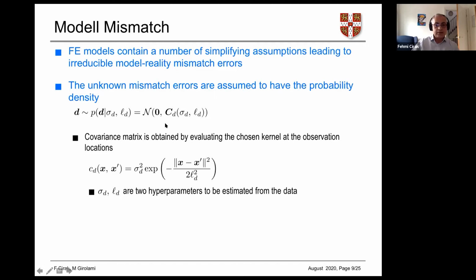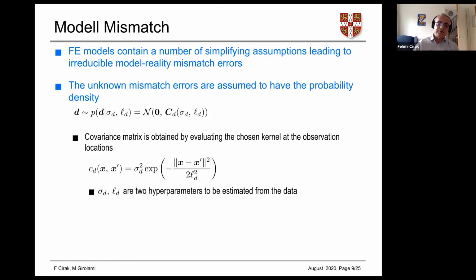Here the mean is 0. And the covariance matrix CD, we obtain from a chosen kernel, a squared exponential kernel, which we evaluate at the observation locations in order to obtain this matrix CD. Of course, we chose this kernel, but you could choose other kernels.